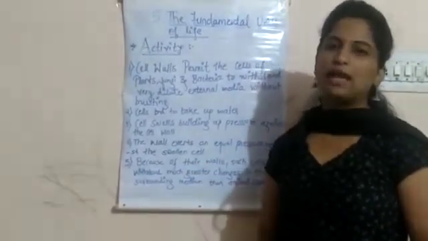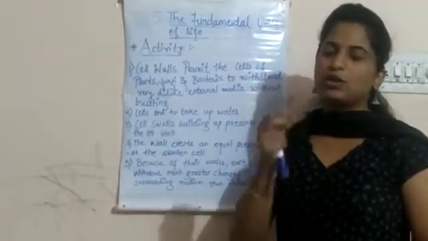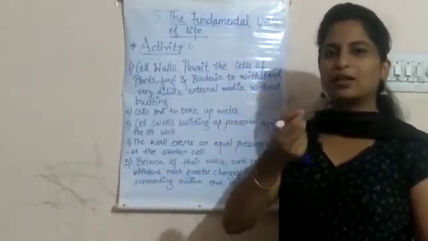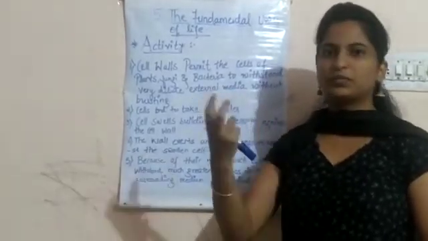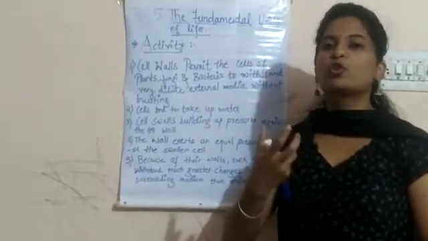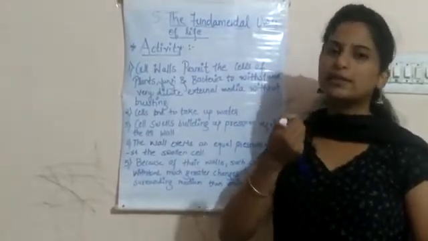So what have they mentioned here? Mount a peel of Rhoeo leaf. Rhoeo leaf is a leaf we use for gardening or for show purposes. You can also call it the oyster leaf.